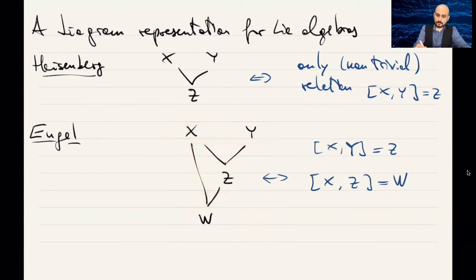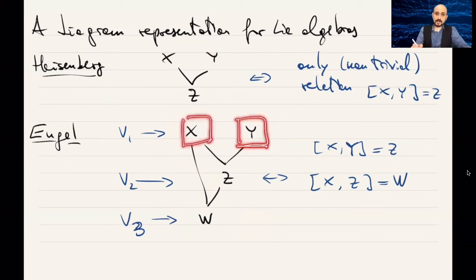So the span of these two vectors will give V1, this one will give V2, and then V3. So V1 will generate everything, because if you perform the bracket, you get z, and then with V1 you get w.